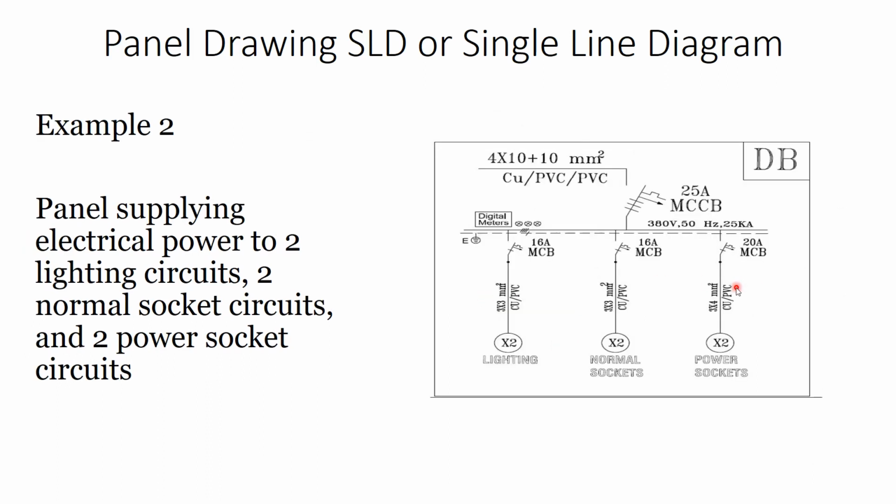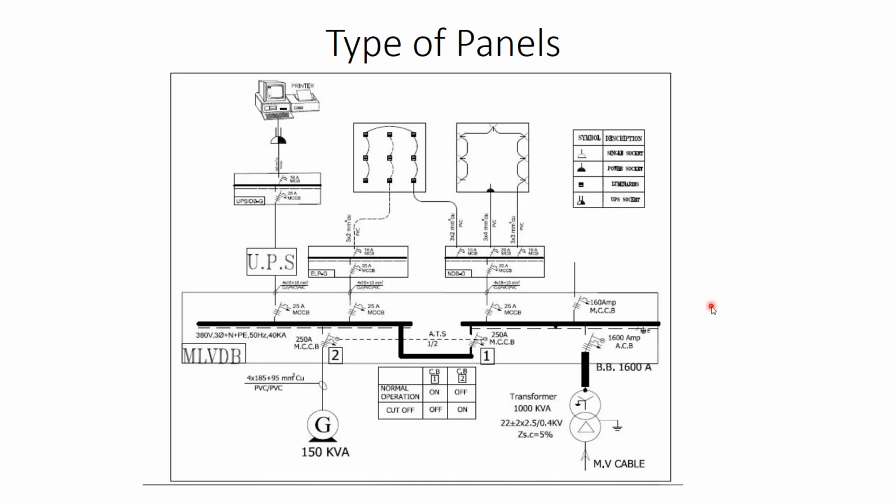Similar to here, 3 multiplied by 4, where 4 is the millimeter square. The first number is the number of conductors. So we have 3 conductors, such as phase, neutral, and earthing, multiplied by 4 millimeter square, or the 4 millimeter cross-sectional area.